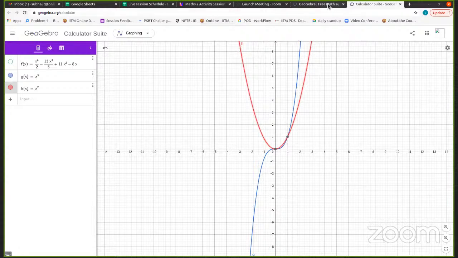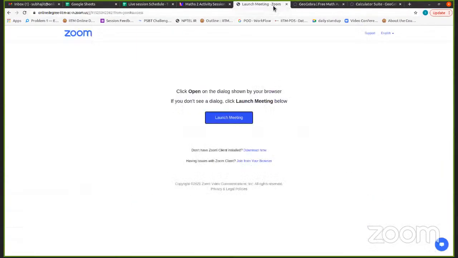Hello, sir. There was a question in activity 3.1, question number 6, where a graph was given and also a function, and it asked whether there are any saddle points or not. So if we only consider the graphs, can we conclude? Please take that question.